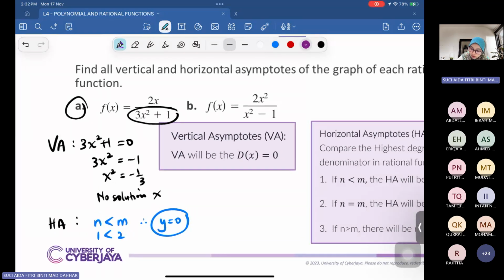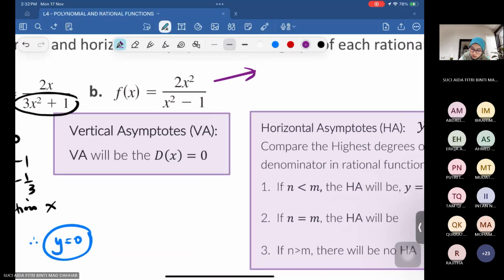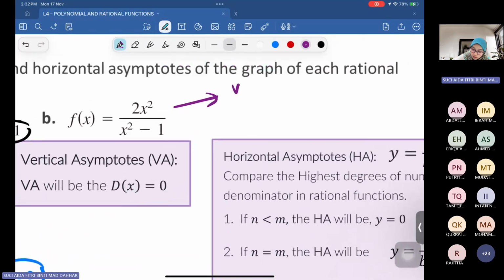Now for question B, let's find the vertical asymptote first. By taking the denominator, x squared minus 1 equals 0. So x squared equals 1. So you will have two asymptotes, plus minus 1.